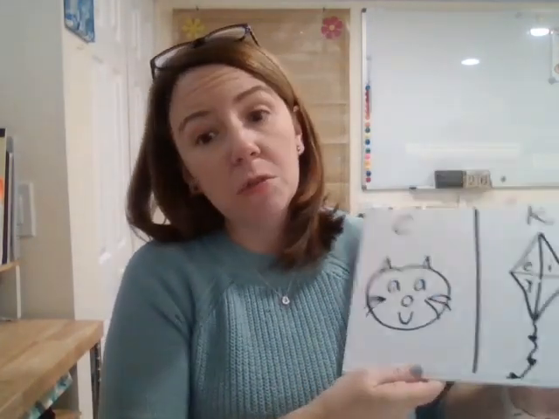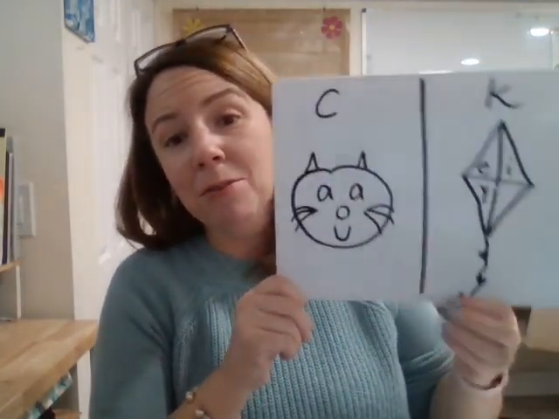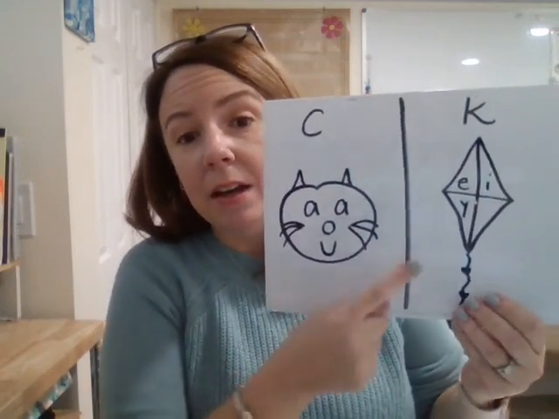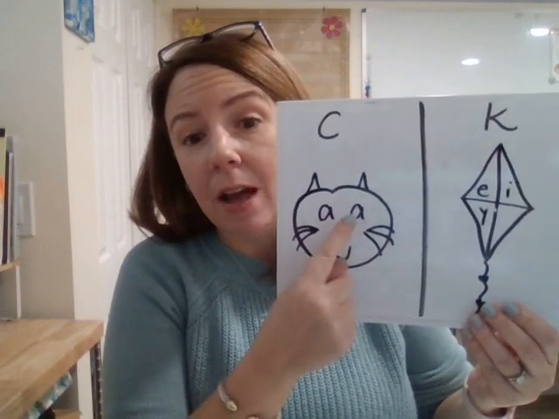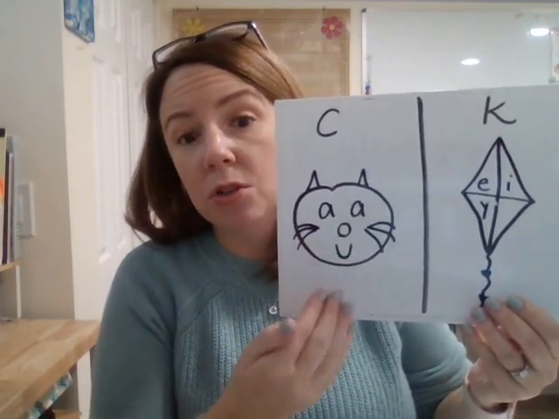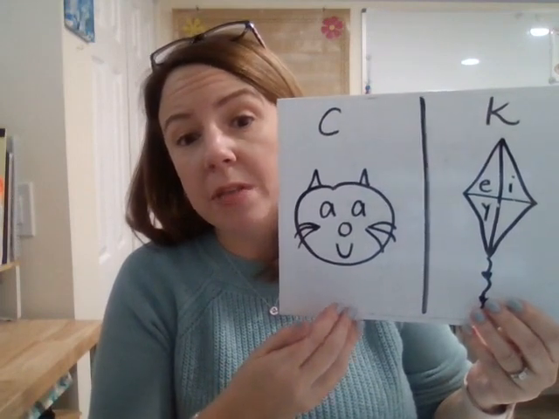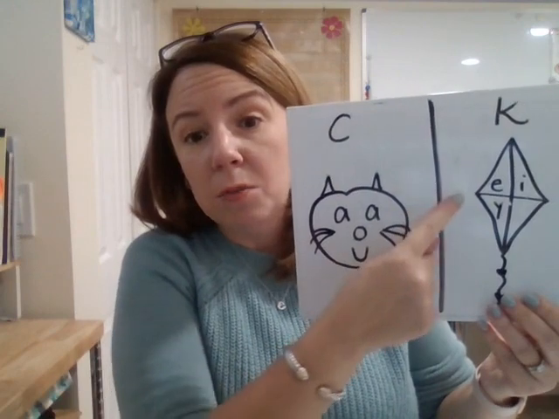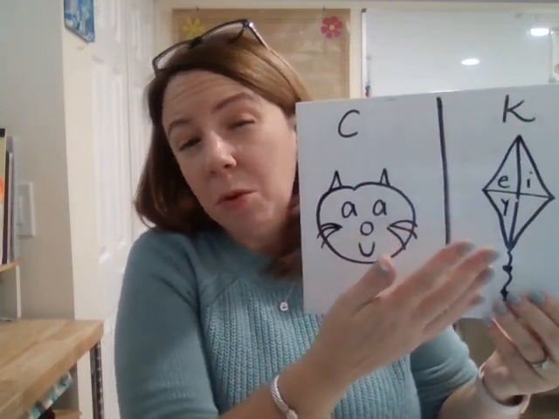So some of the things that you can do, you can just make a simple picture. I know many of you may be familiar with this, but just having the cat with the I's are the A's, the O for the nose, the U for the mouth, to show that most of the time we're going to use A, O, or U. And then with K, our spelling choices could be E, I, or Y most of the time.